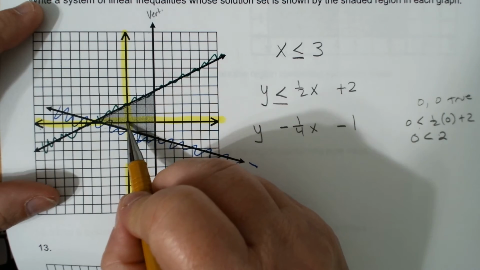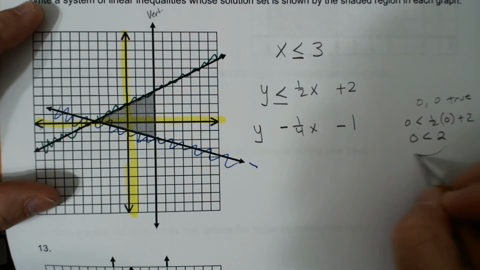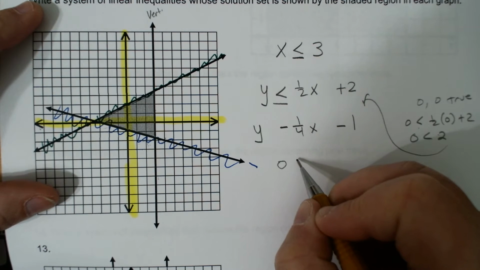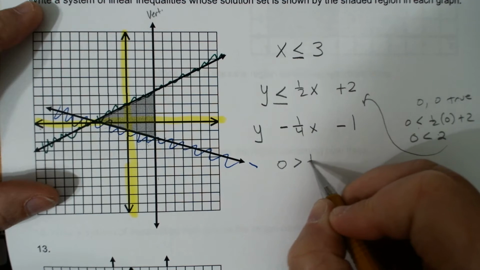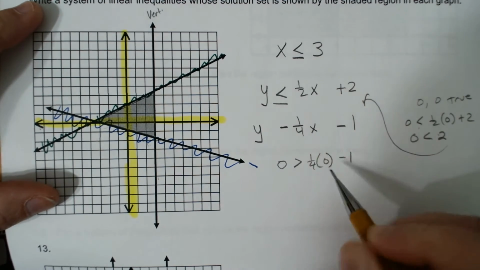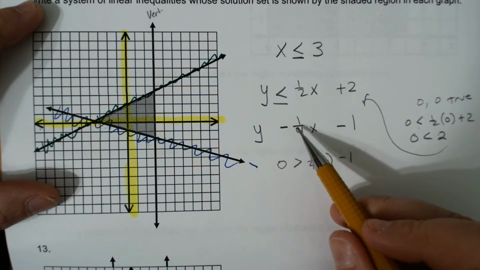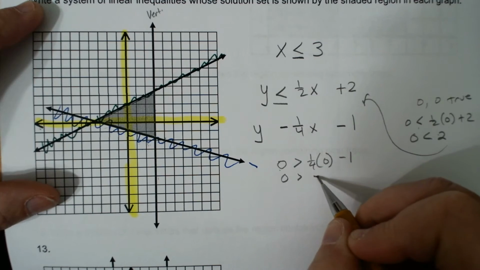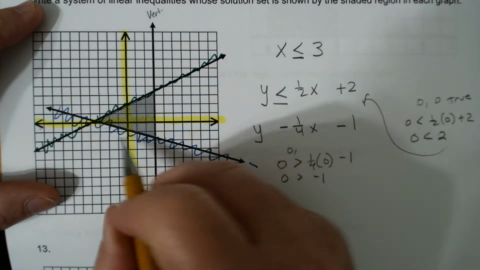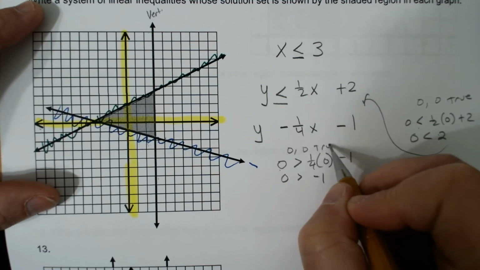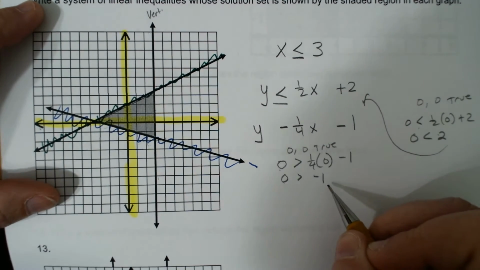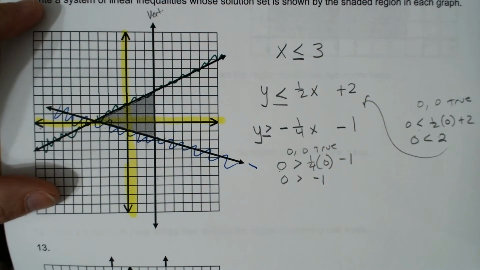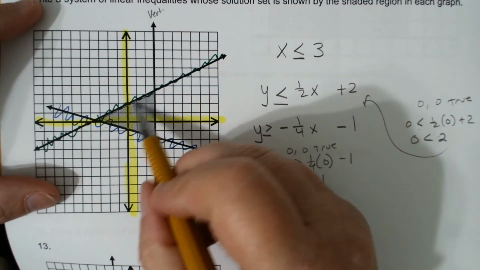And I want 0 to be true, so I'm going to go 0 is greater than 1/4 times 0 minus 1. I can kind of look at them because I can pretend that that's going to go away with the 0. And 0 is greater than -1, which is true because I wanted 0, 0 to be true. And so this is greater than, and it's a solid line, and equal. And that's how you get this bounded.